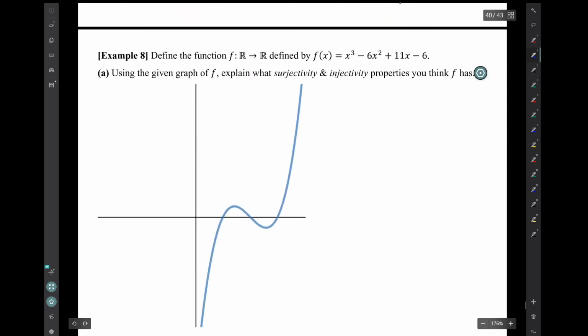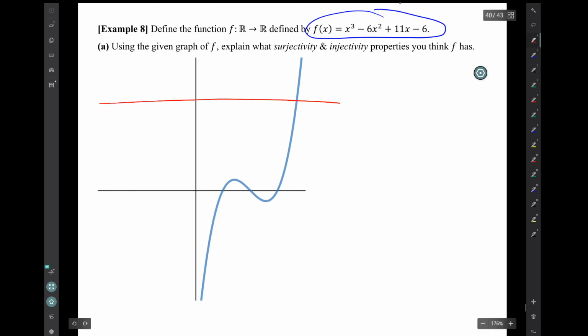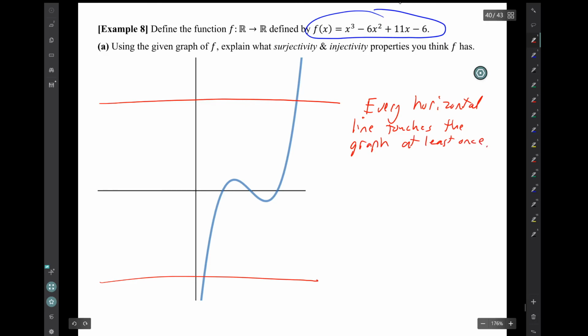All right, let's go on. In this example, we're going to consider another cubic polynomial, and I want to use the graph to figure out what surjective and injective properties we think f has. Well, notice that every horizontal line touches the graph at least once. So f is surjective.